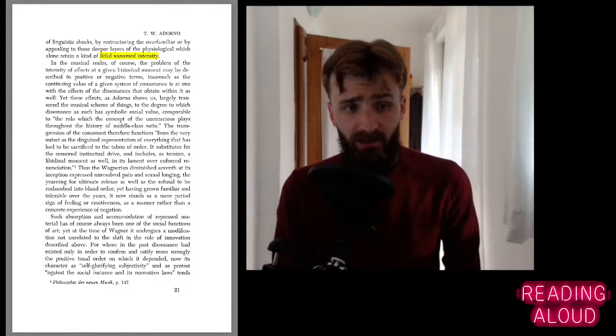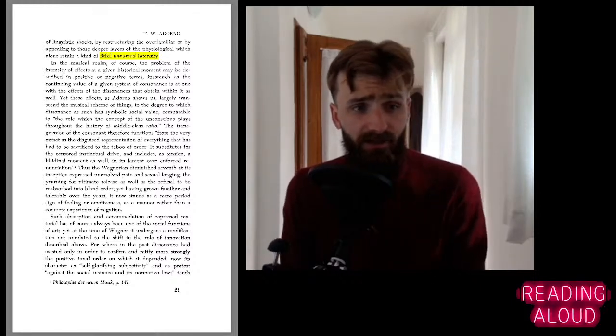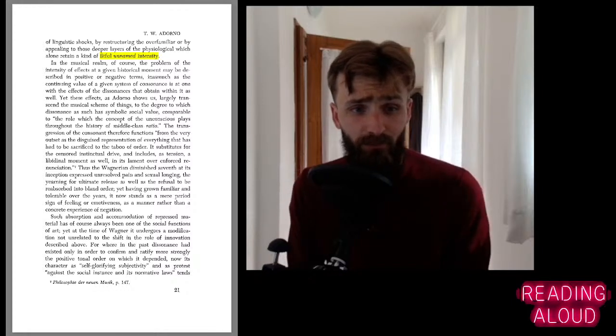In the musical realm, of course, the problem of the intensity of effects at a given historical moment may be described in positive or negative terms, inasmuch as the continuing value of the given system of consonants is at one with the effects of the dissonances that obtain within it, as well.